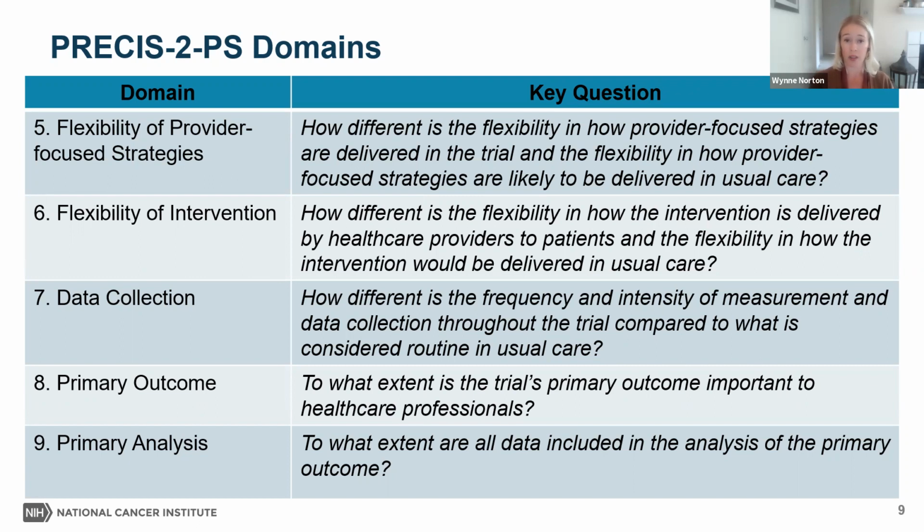So a score of 1 on the explanatory end would be what's called a per protocol analysis, where you're only assessing and including data from those participants, as in healthcare professionals, who consent to participate in the study and actually, let's say, are exposed to, for those in the experimental condition, the actual strategy, or who complete some of the data and some of the surveys and questionnaires and such, versus a score of 5, which would be pragmatic, where you use all of the data, which would be an intent to treat analytic approach with some variations and robust imputations where applicable.